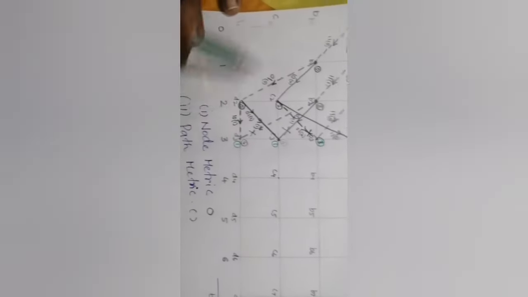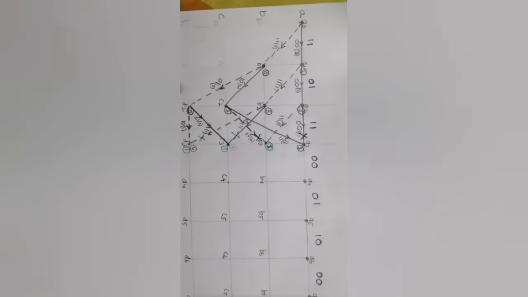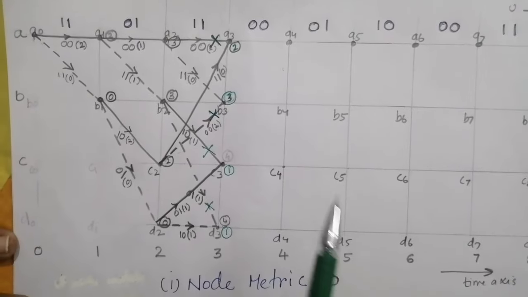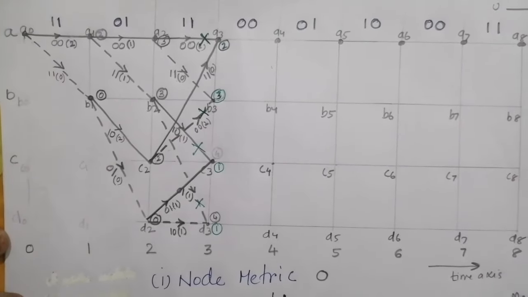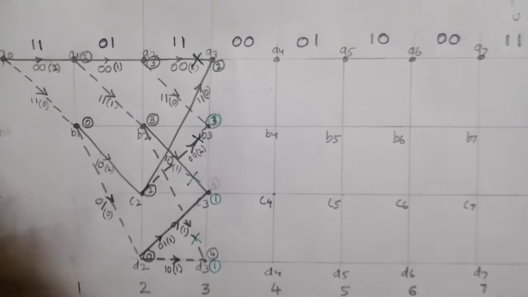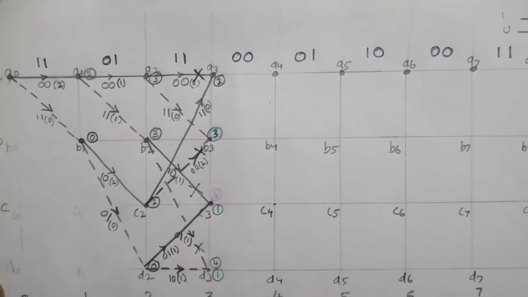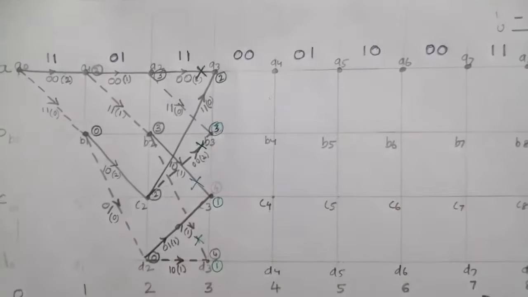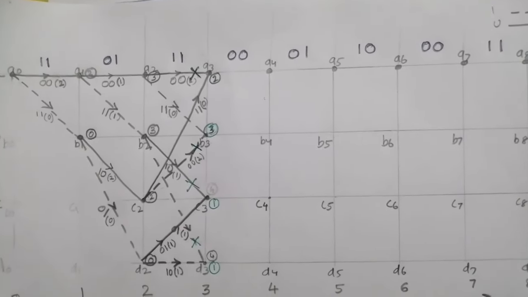Similarly, we get the paths at C3 and D3. Now you can realize the complexity of this diagram and algorithm, because as time goes on, the complexity of this diagram keeps increasing. Anyway, I will explain one more stage, so later you can do it by yourself.